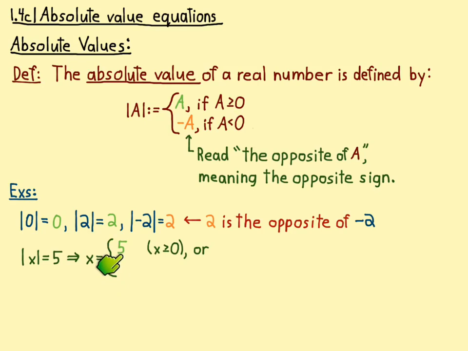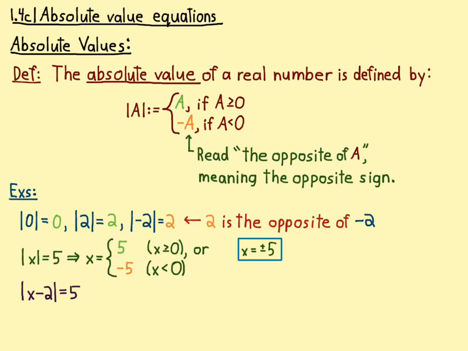X could be 5, because then this rule would apply and you'd get 5, or x could be negative 5, because then when you do the absolute value you get 5. So we just get x is plus or minus 5. On Hawks they usually give you two spaces, so you'd write x equals 5 and x equals negative 5. They don't usually use the plus minus symbol, even though they have it.